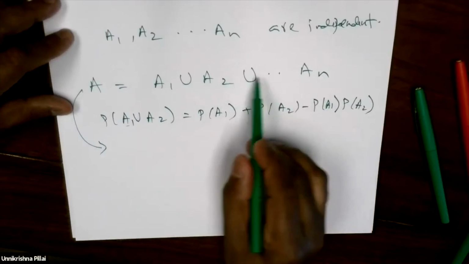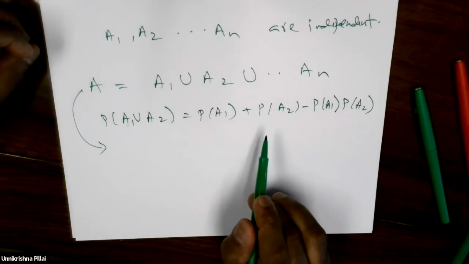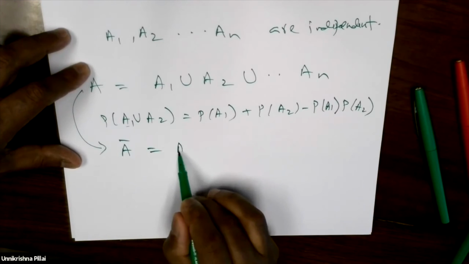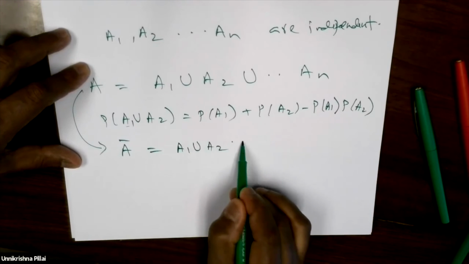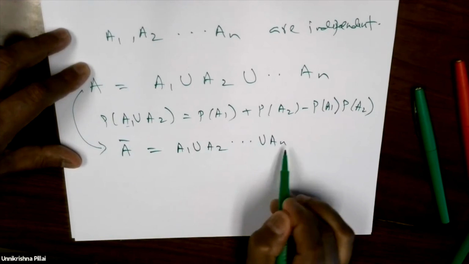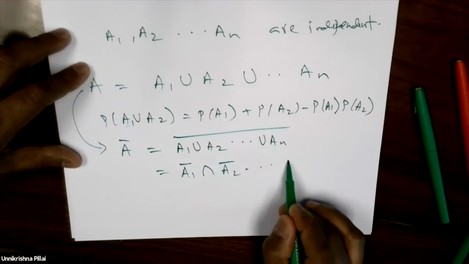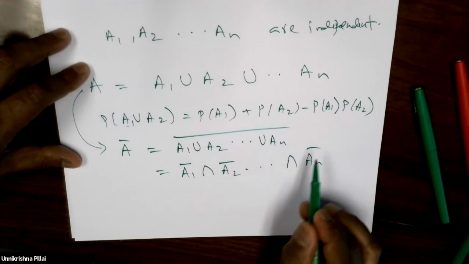Here, the problem is there are too many sets. So the easiest thing is to use the complement. Does anyone remember what the complement of a union is? All of them: A1 bar intersection A2 bar, intersection, not union. So this is what is interesting.